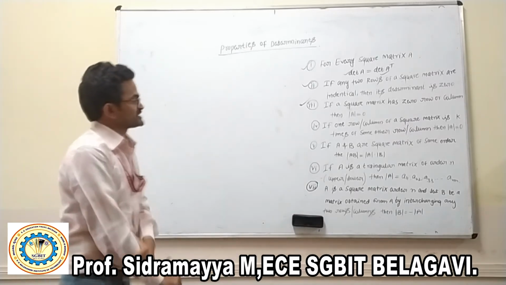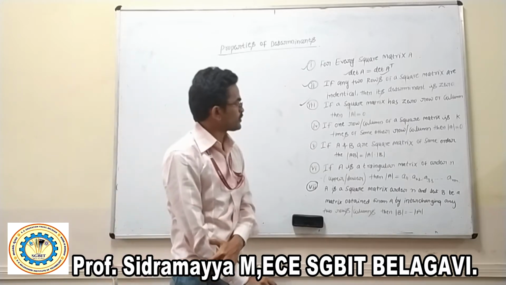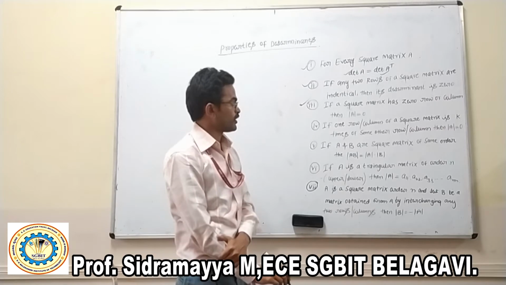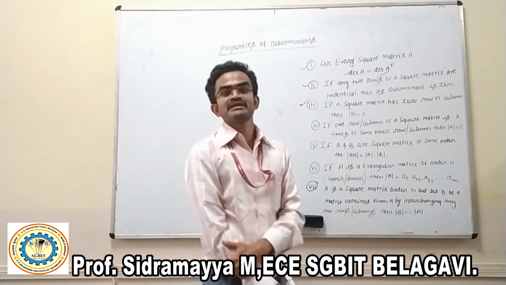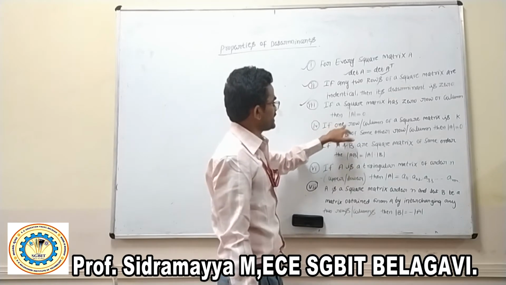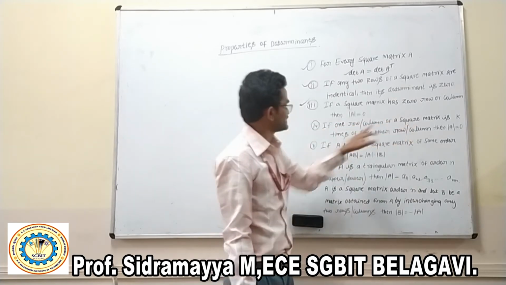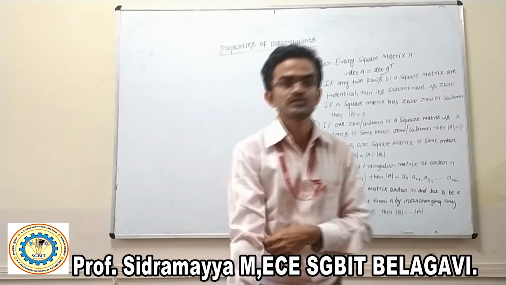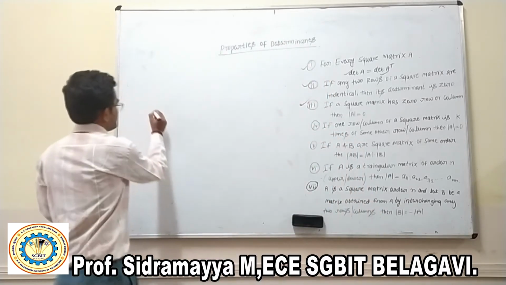So what does the fourth property say? If one row or column of a square matrix is k times some other row or column, then its determinant of A is equal to 0. Let me read it once again. If one row or a column of a square matrix is k times some other row or column, then its determinant is equal to 0. I will consider a matrix like this.